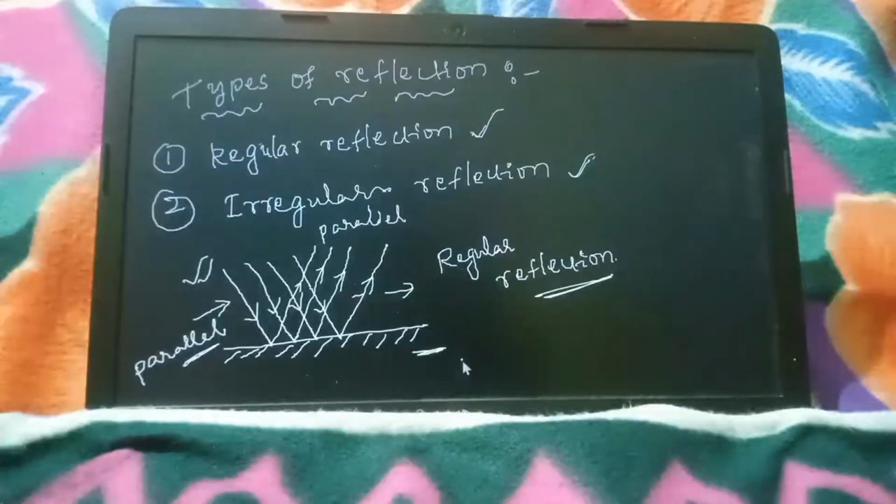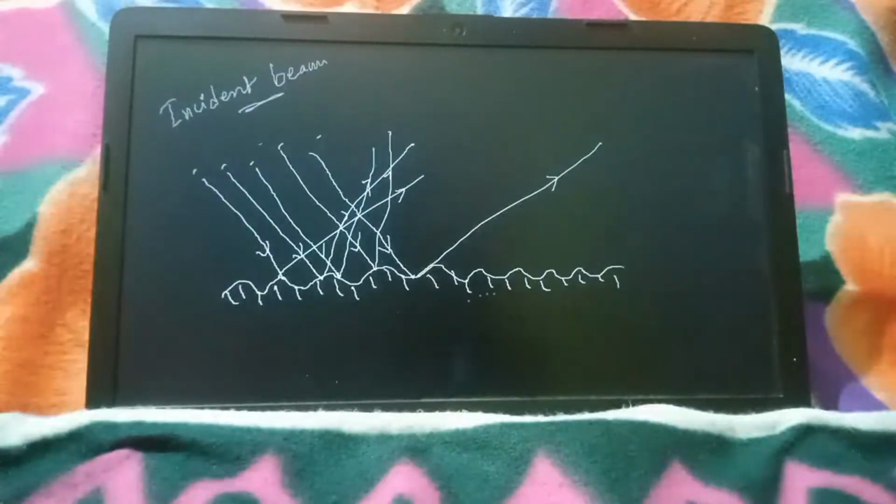Whereas in irregular reflection, the surface is rough, so the reflected light rays are not parallel to each other; they move in different directions. So you can observe these two types of reflection. I hope you got it.